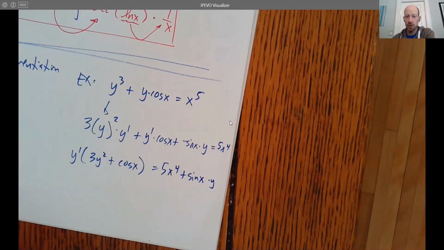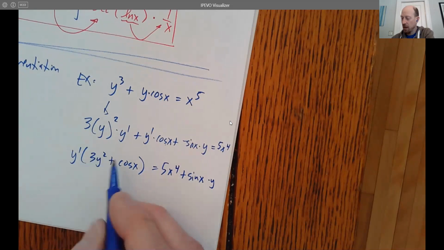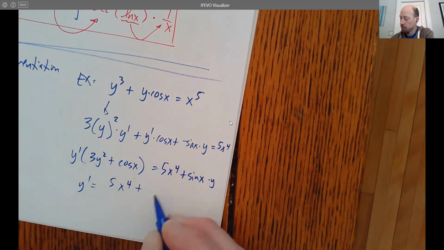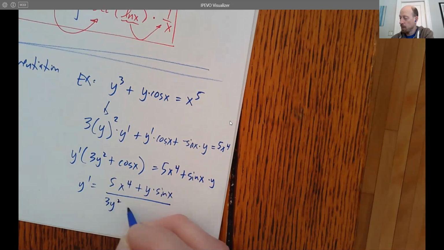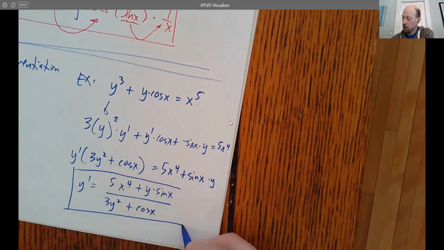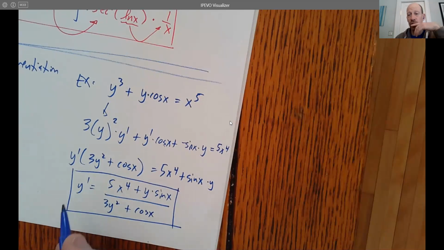And it's just algebra here. I divide both sides to get an expression for y prime. I'd probably write that y times sine of x. And this is the derivative.